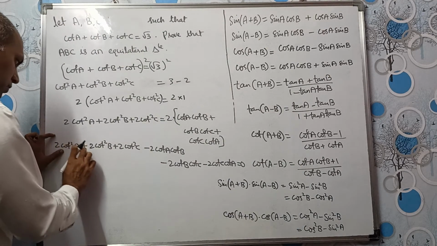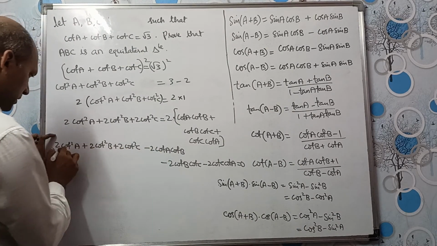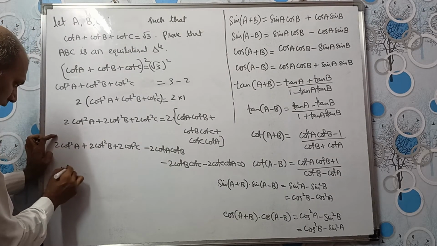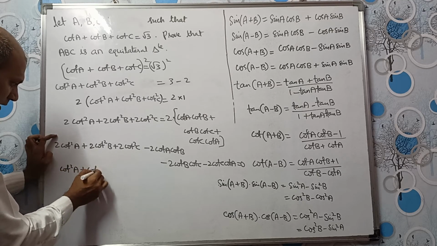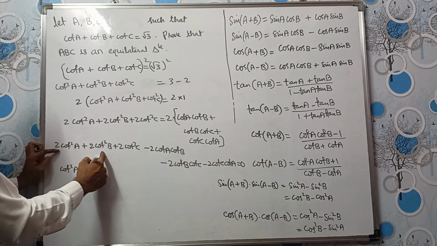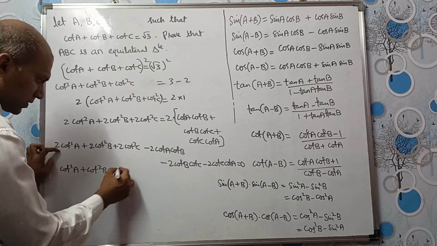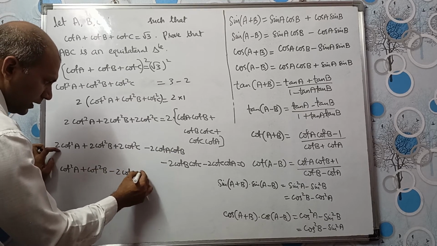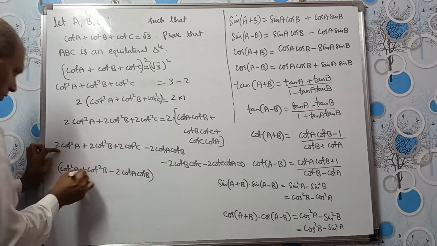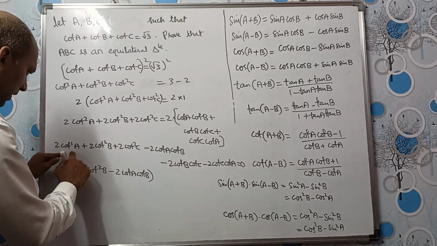So this is 2 cot square A. Let us write 1 cot square A, and here 1 cot square B, and this minus 2 cot A cot B, this is 1 term.